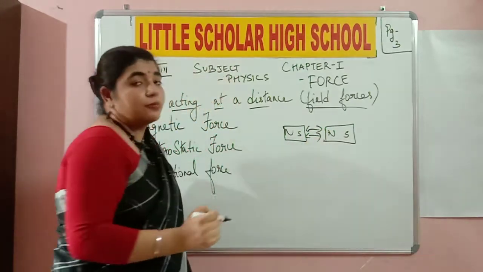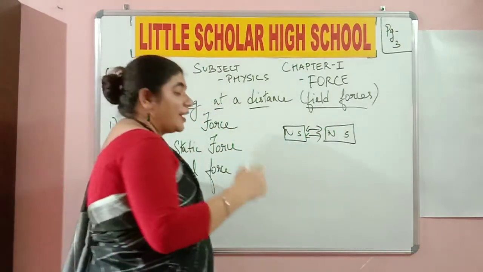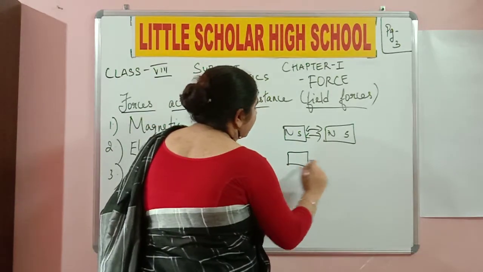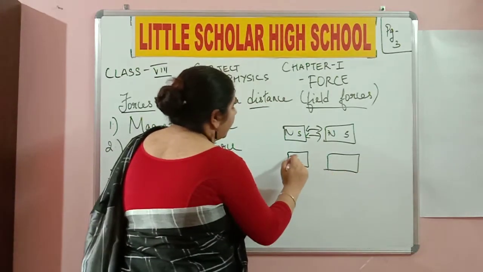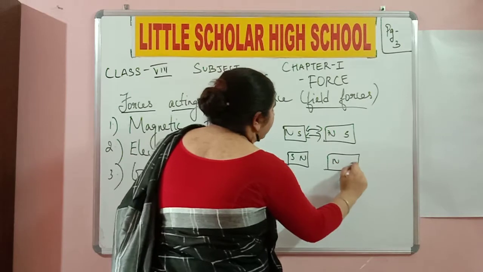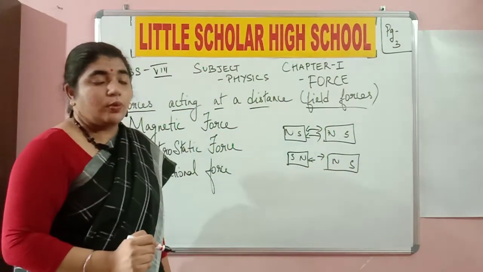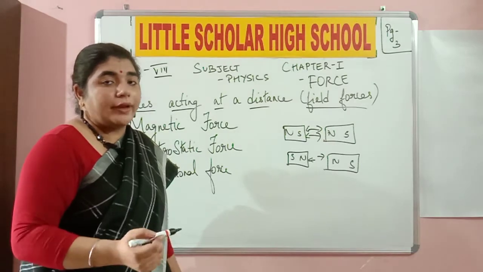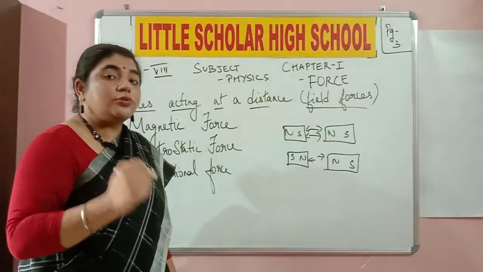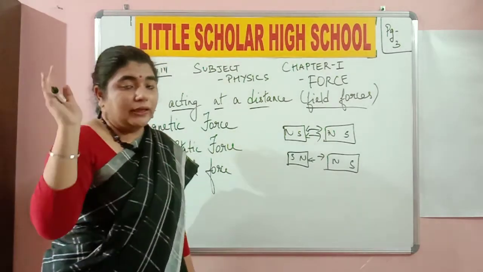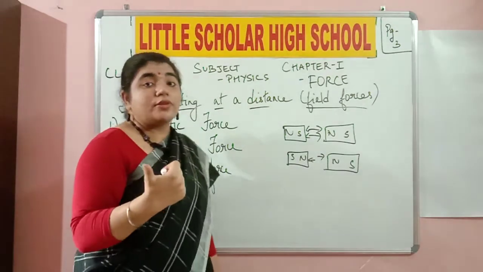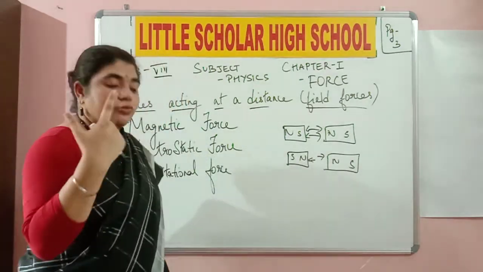This means unlike poles attract each other, whereas if I have two other magnets and I place the like poles together, they are going to exert a repulsion. Why do you think so? Because like poles repel. So you need to remember these two laws permanently in your head: unlike poles attract each other and like poles repel each other.